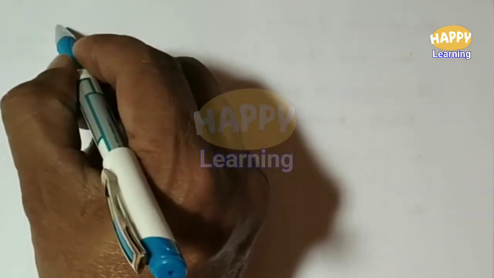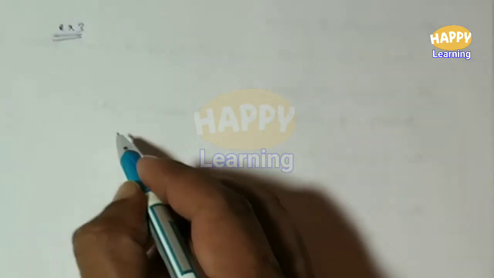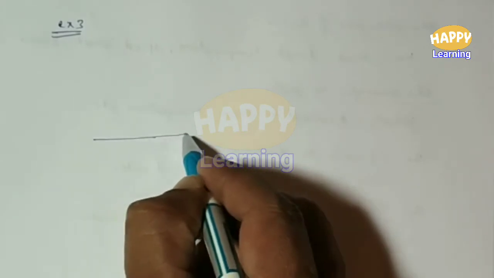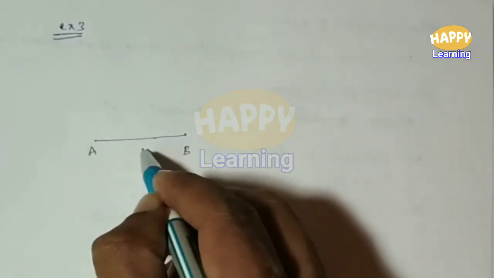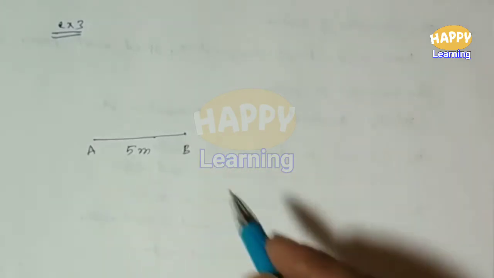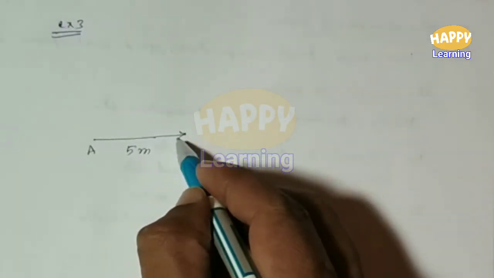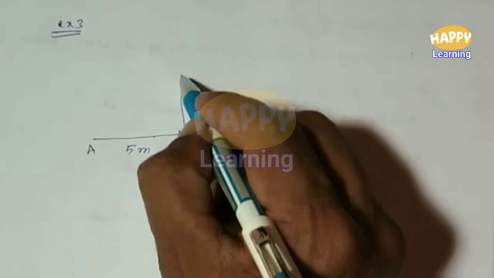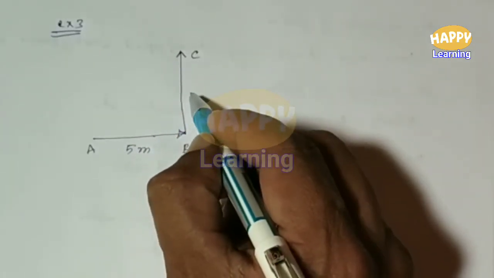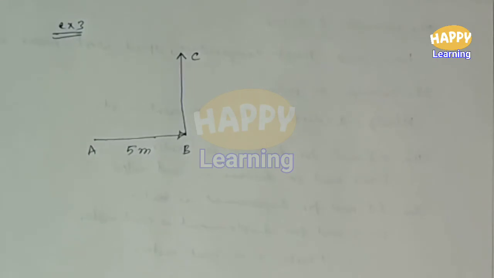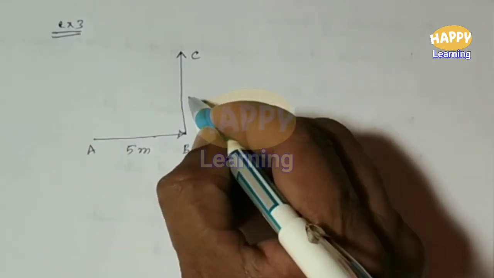Let us take example 3. A body has traveled from A to B. Let the distance from A to B be 5 meter, and then it took a 90 degrees turn towards left and traveled up to a point C. First A to B, then B to C. AB and BC are perpendicular to each other.